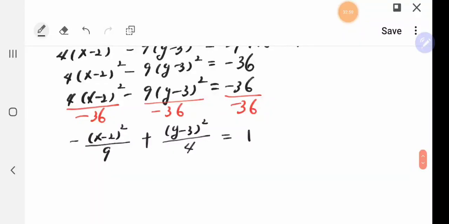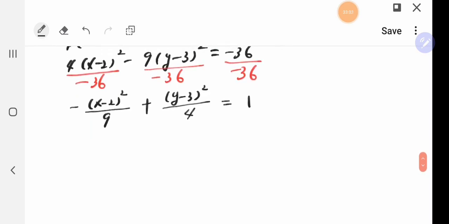Since the y squared part is positive, let's switch these two, so it's much easier to interpret the equation.